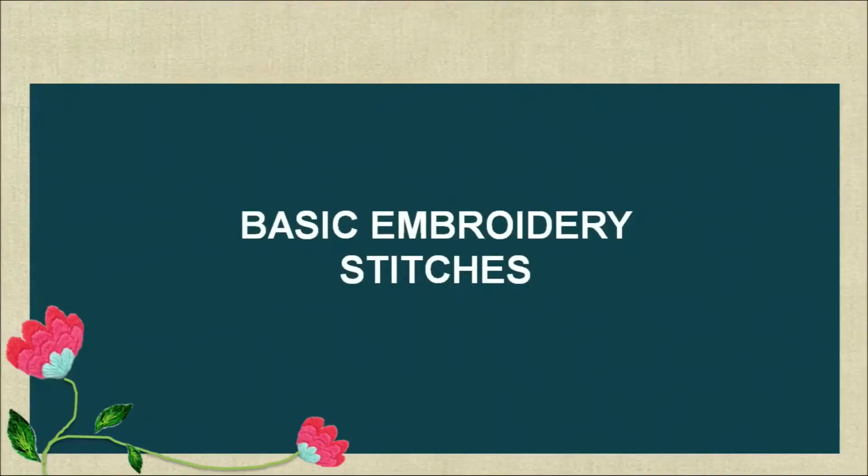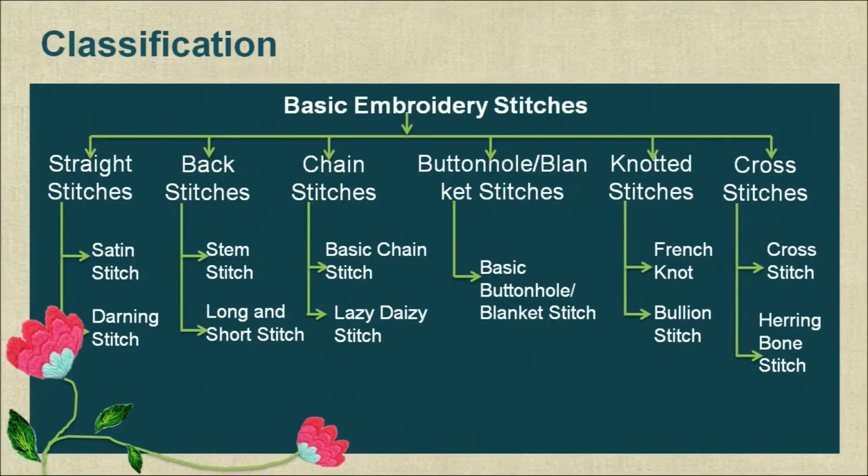Once you have put together a complete embroidery kit, and decided on the fabric, design and colors for the embroidery threads, you are ready to begin with the embroidery. Now we are starting with the basic embroidery stitches. Let's understand the classification of the stitches. They are classified into different families, and each family has its own basic motion.